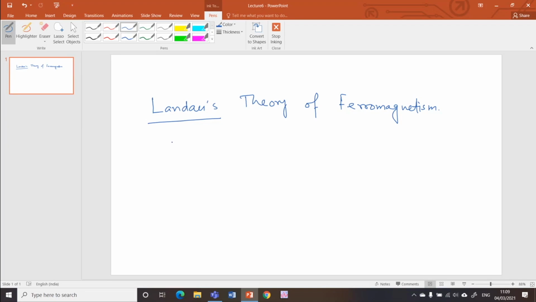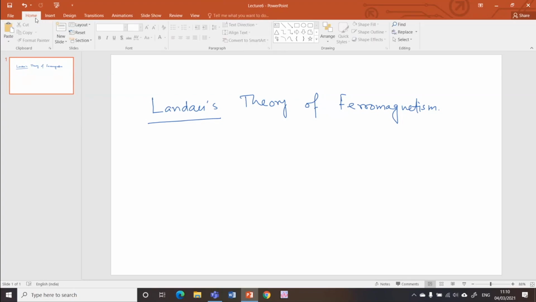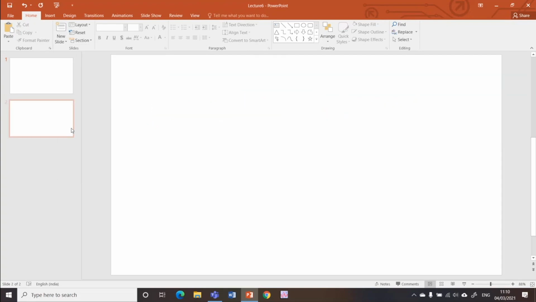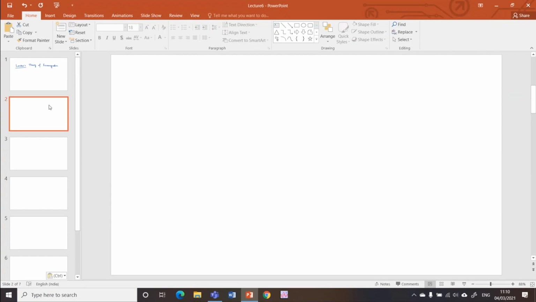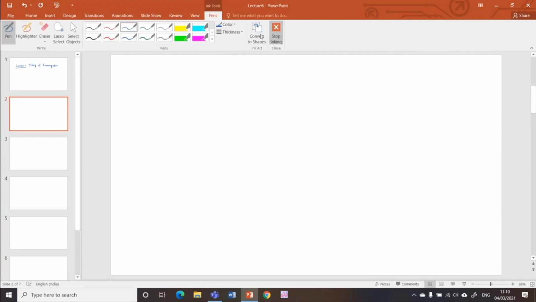So this Landau's theory is another alternative approach through which this ferromagnetic behavior and ferro to para phase transition can be explained. So let us see what is there in this theory.